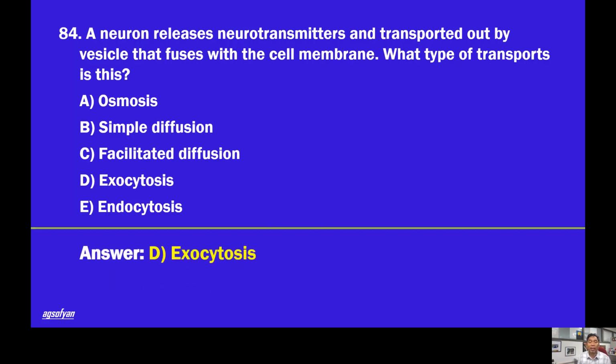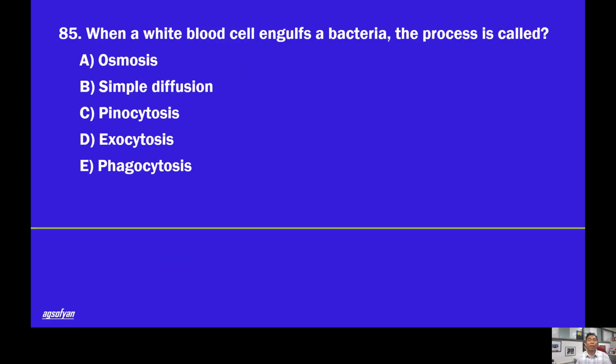Yeah, the answer is exocytosis, because this is transport of molecules from inside to outside by using the vesicle transport that will be fused with the cell membrane. So because this is going out or exit, the name will be exocytosis.